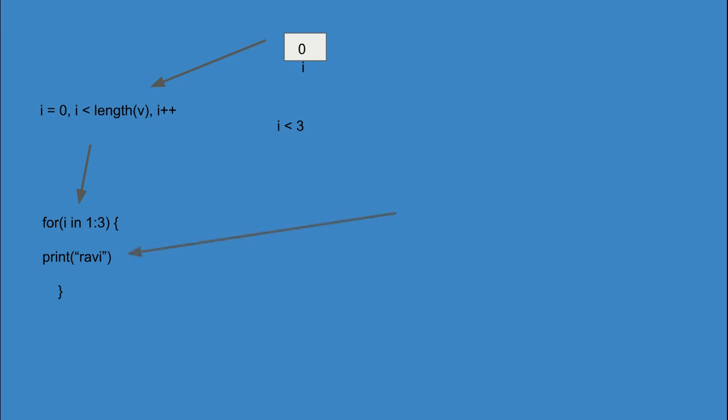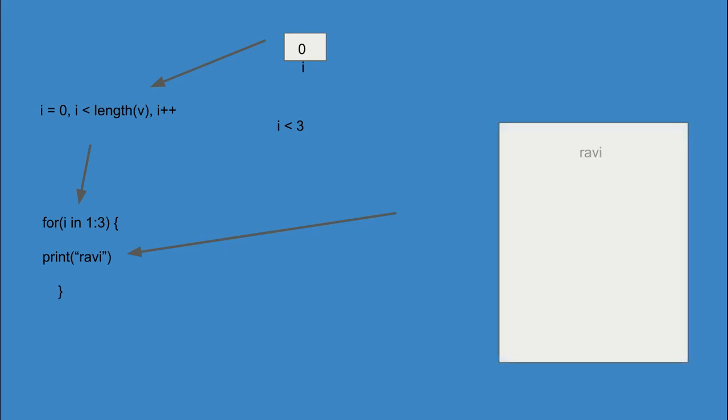We studied control flow, and we know that if the condition is true, the computer executes the code, and if the condition is false, the computer doesn't execute the code. And as you can see, i equal to 0 and 0 less than 3 is true, so the computer executes the code.